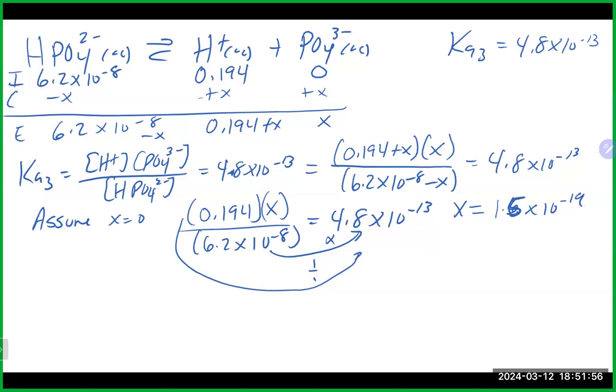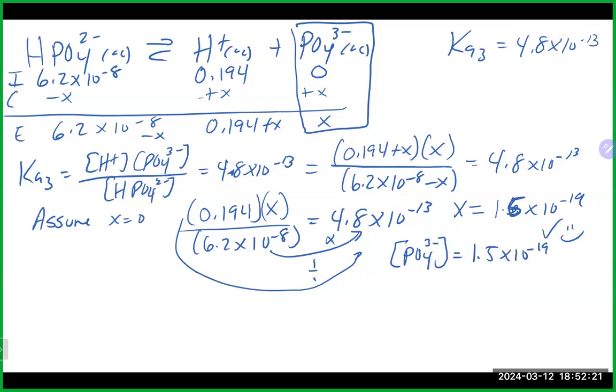Once again, we should check it. We'll divide by the larger number, 0.194, and times it by 100. The check is good here. Again, not even 1%, not even 0.1% really. So in this case, that is going to be our phosphate concentration that we're looking for. So the concentration of phosphate in this guy would be 1.5 times 10 to the minus 19 molar.